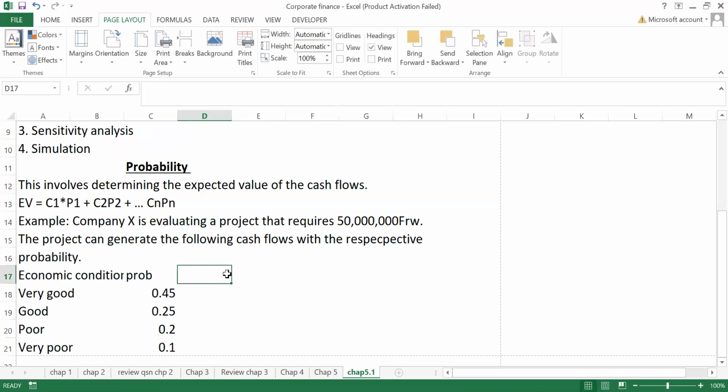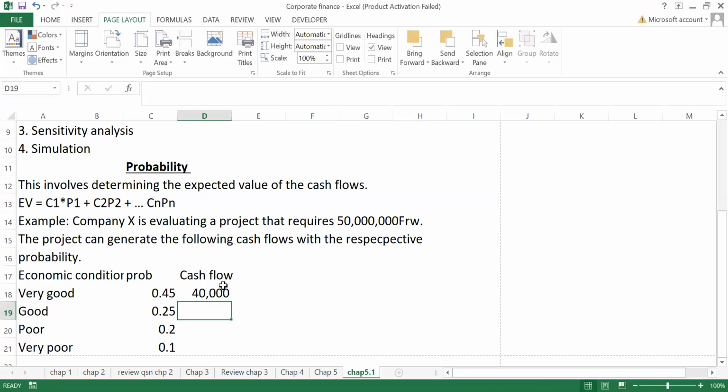And the cash flows that we have, I'm going to remove 3 zeros. If the conditions are very good, the cash flows will be 40 million. I've removed the 3 zeros.